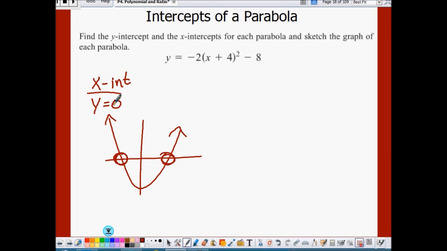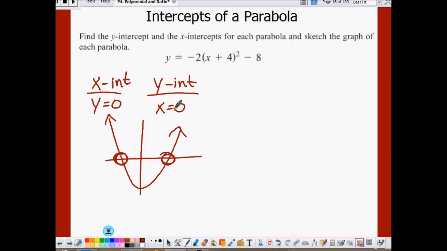It's equal to 0. Remember that for the rest of the year. Same thing vice versa: at a y-intercept, x is 0. So in this section on finding intercepts, you're going to practice plugging in 0 for x, plugging in 0 for y. That's all you're doing. You're looking for where your parabola crosses the x-axis and where it crosses the y-axis.